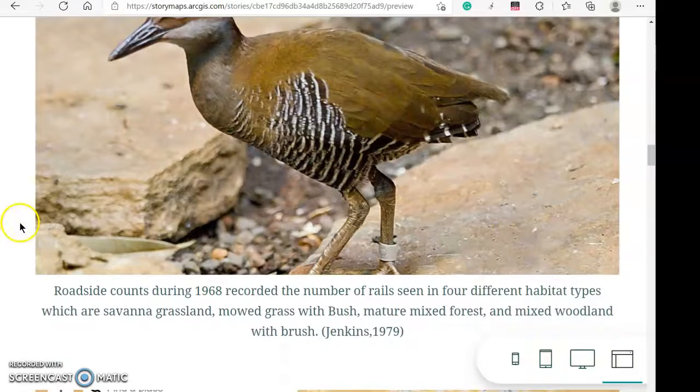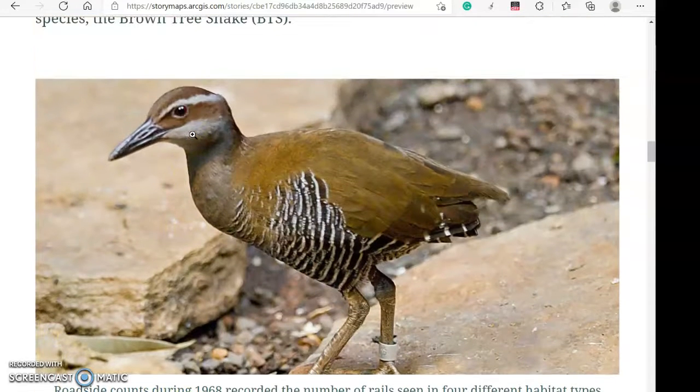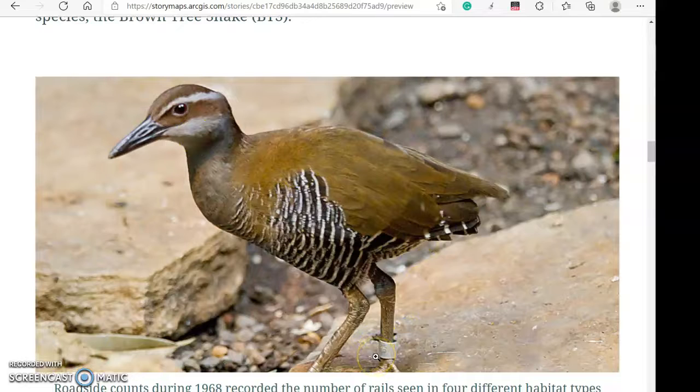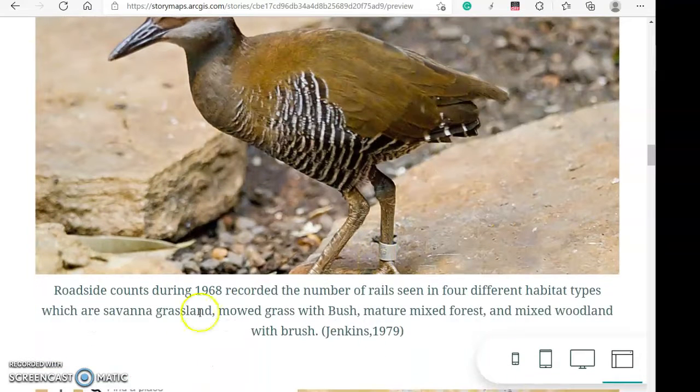This image was taken a little while ago. You can see his tag here. Roadside counts during 1968 recorded the number of Guam rails seen in 4 different habitat types, which are savanna grasslands, where large brown tree snakes can reside, mowed grass with bush, mature mixed forests, and mixed woodland with brush.